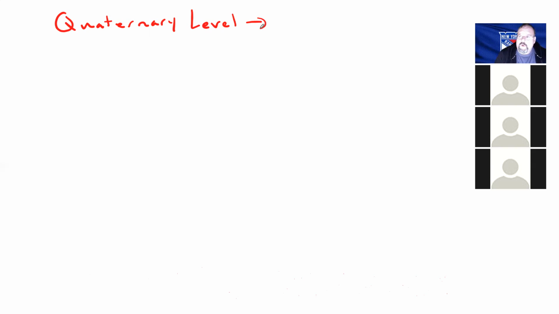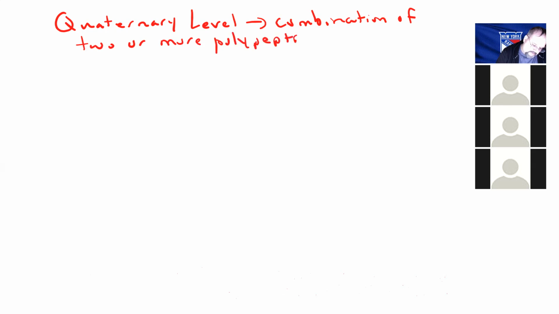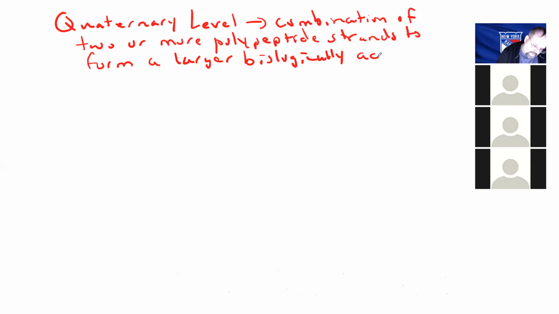Now, this level doesn't apply if your protein only has one polypeptide strand, because the quaternary level is a combination of two or more polypeptide strands to form a larger biologically active protein.